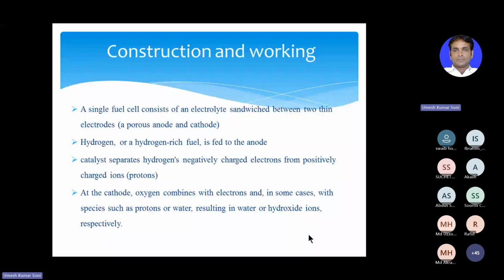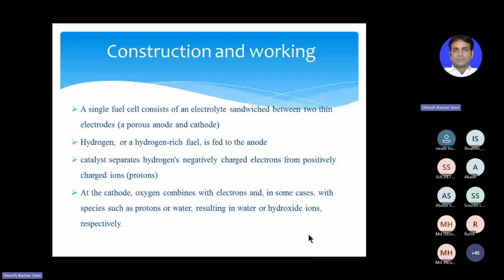If the anode and cathode are porous, both the gases will meet inside the electrolyte. So this is the importance of porous anode and cathode. Without the porosity, the fuel cell will not work because the electrolyte will not react with the hydrogen and oxygen.